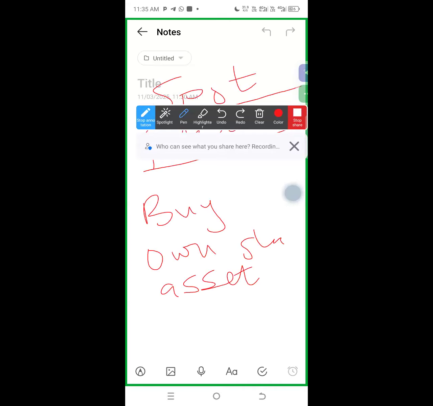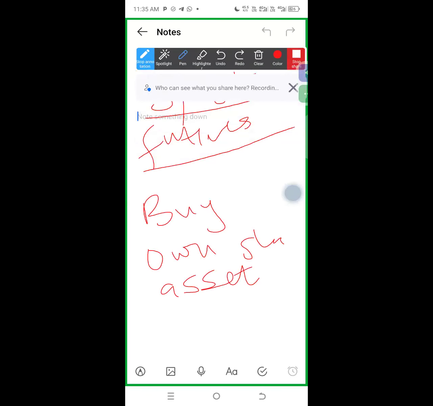The value of the assets you bought will also go down, right? So this is the idea of trading on the spot market.